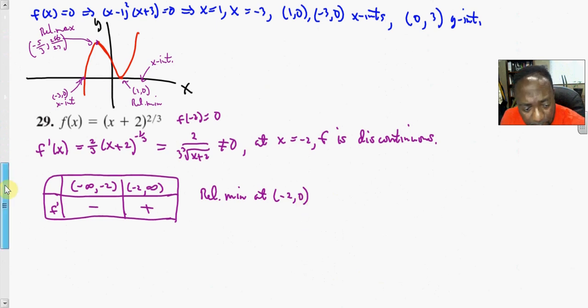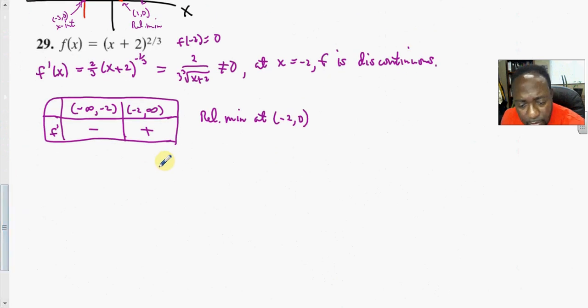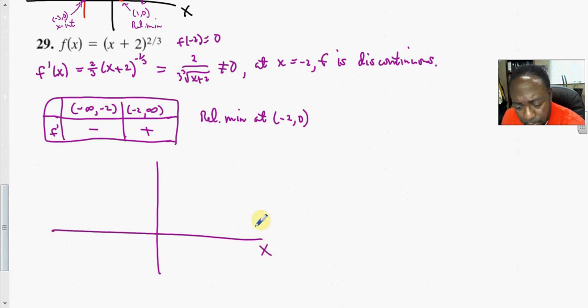Well, I think from here we're ready to just go ahead and graph. You can find those points of intercepts if you plug in. Well, this (negative 2, 0) is already our x-intercept.